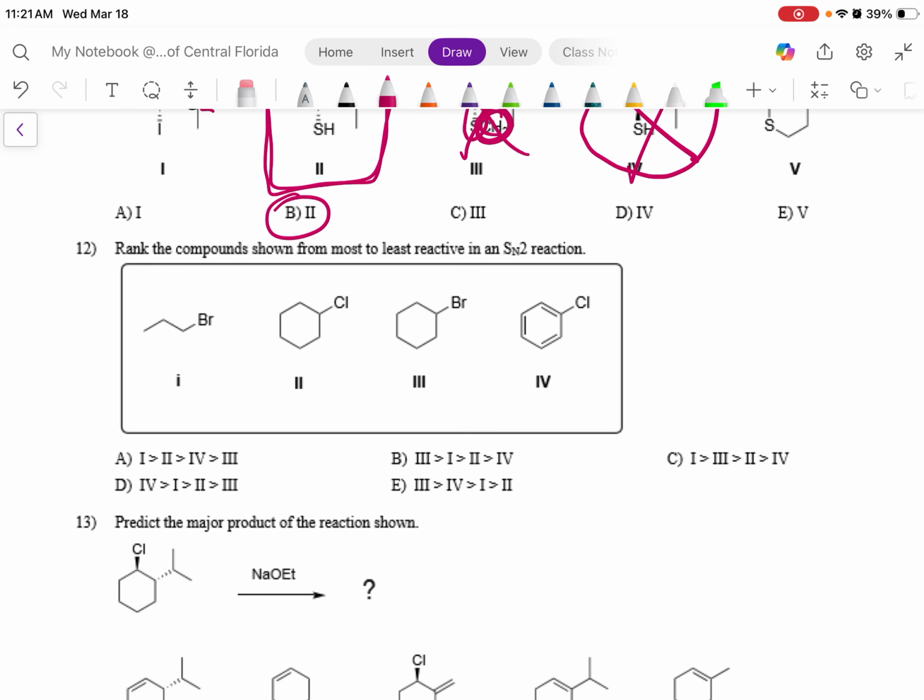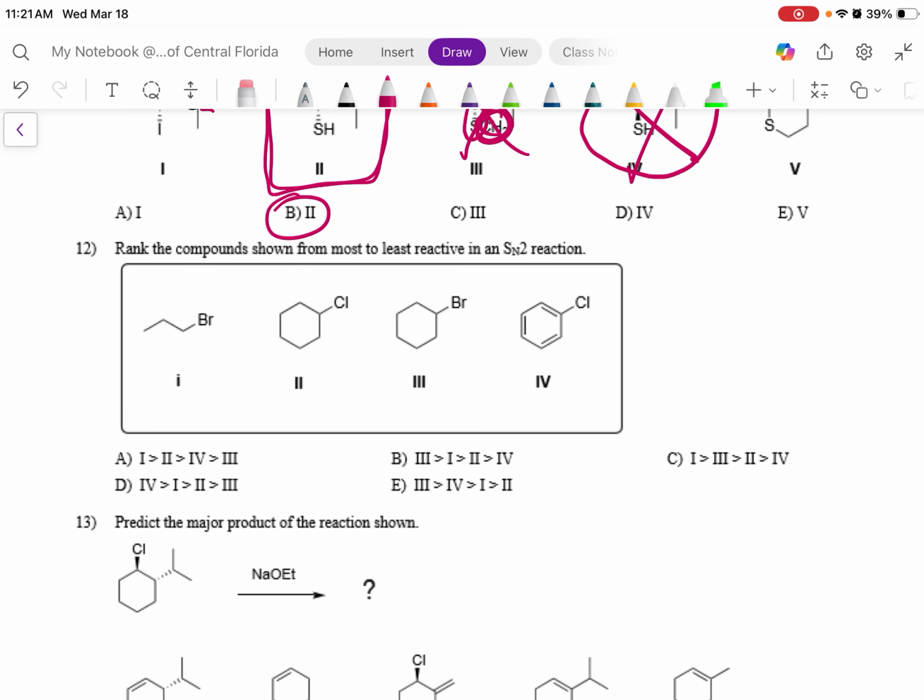Rank the compounds for the most reactive. In order to do this, what features do we look for to see how fast an SN2 reaction behaves? The strength of the attacking species. But there's no attacking species shown. All we're left with is the alkyl halide.